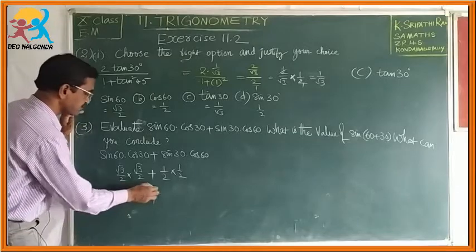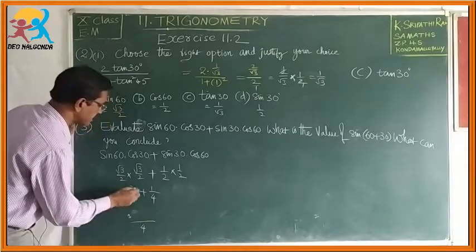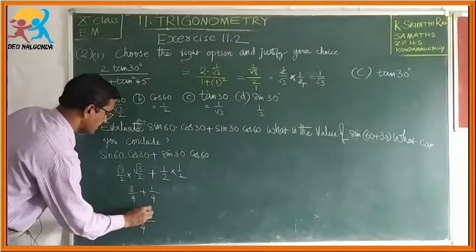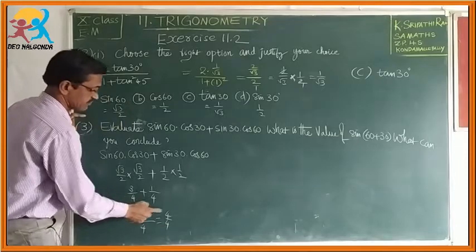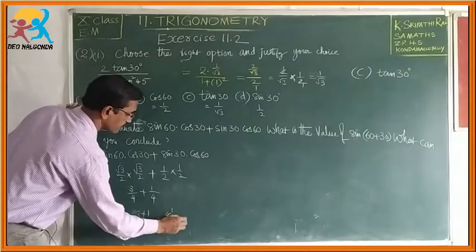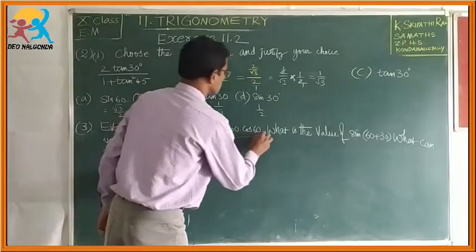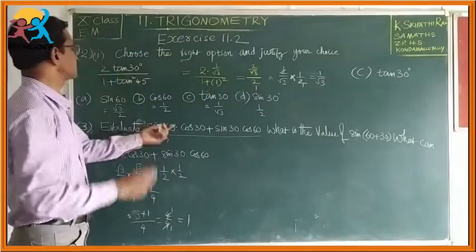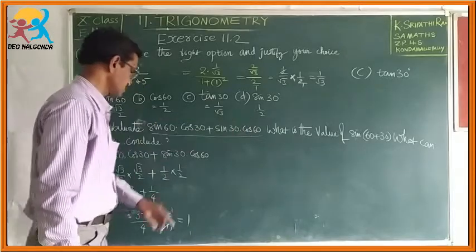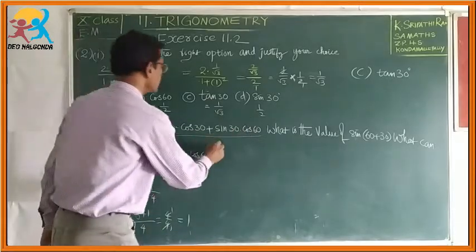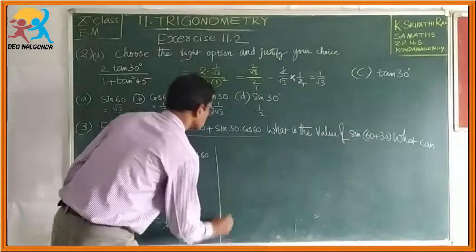By adding these, 3 plus 1, because these are like fractions, we can add the numerators directly: 3 plus 1 is 4 by 4, and 4 by 4 gives 1. The value of this total expression is 1. Now let us find the value of sin 60 plus 30.